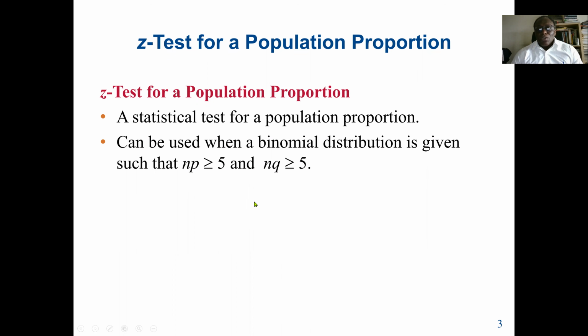And this is the concept of binomial distribution. So in order to do hypothesis testing, again, we need to test that np and also nq should be greater than or equal to 5. That's using the z-test for population proportion.